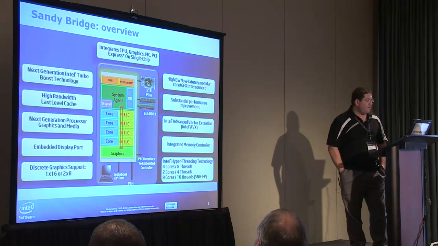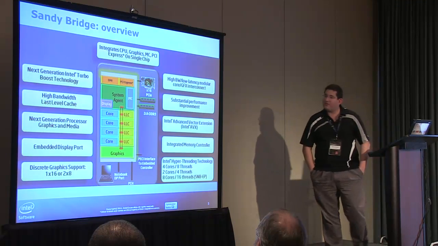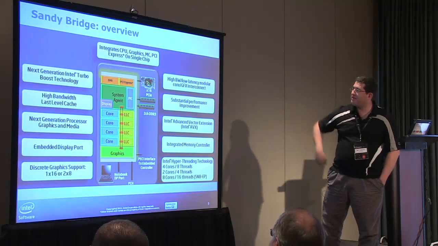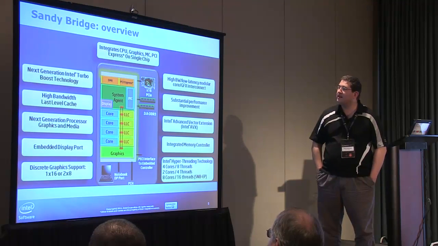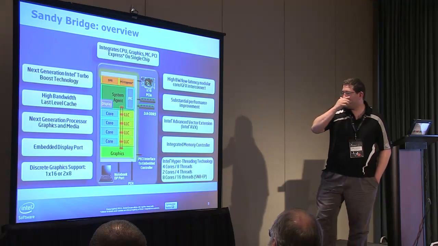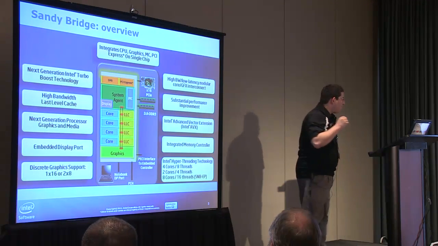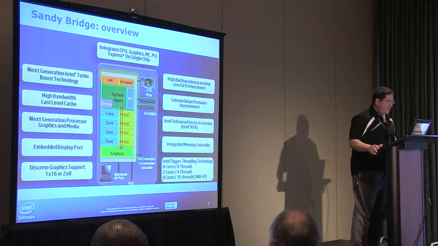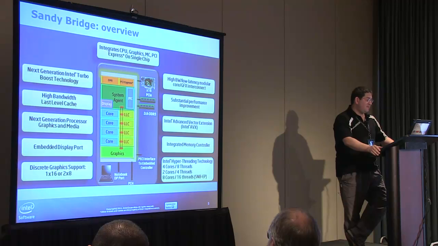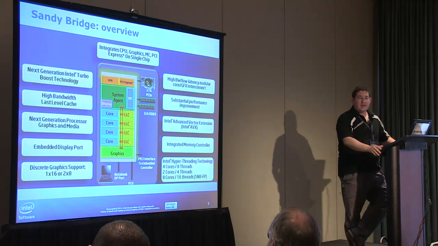So this is an overview of the Sandy Bridge processor. And I'm going to talk to several of these. Actually, the Turbo Boost technology is on the next slide, so I'll kind of skip over it for now. But Sandy Bridge has either a 2-core or a 4-core architecture with the graphics unit and the system agent integrated directly onto the die.